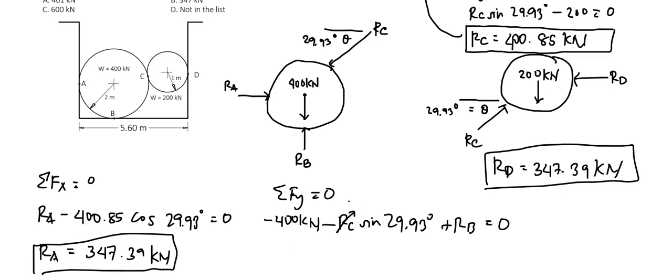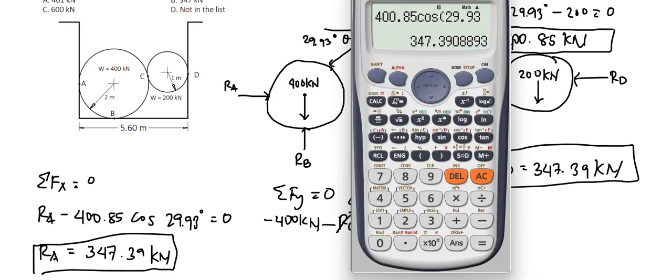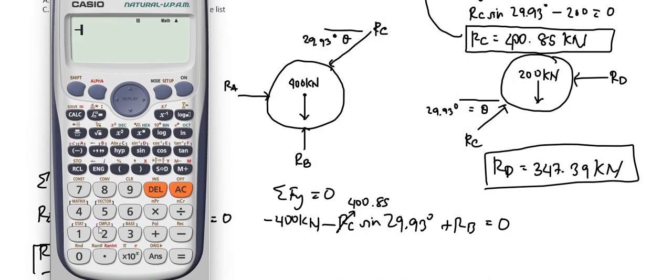Since we have the value for RC, that is 400.85 kilonewtons, we can also solve directly for RB. We have negative 400 minus 400.85 sine of 29.93 degrees plus RB equal to 0. If solved, we get RB is equal to 600 kilonewtons.